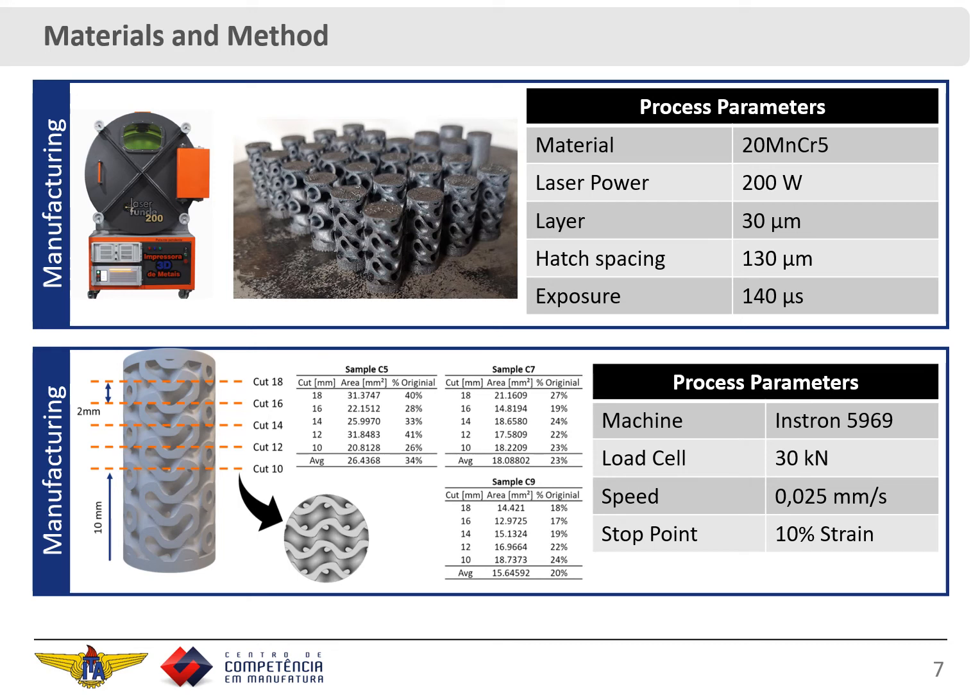So we can see here the batch that was made with the gyroid cells. For the machine parameters, a carburizing steel was used with 200 watts laser power, and the whole process was configured with a 30 millimeter layer, 130 millimeters of hatching space, and 140 microseconds of exposure time.